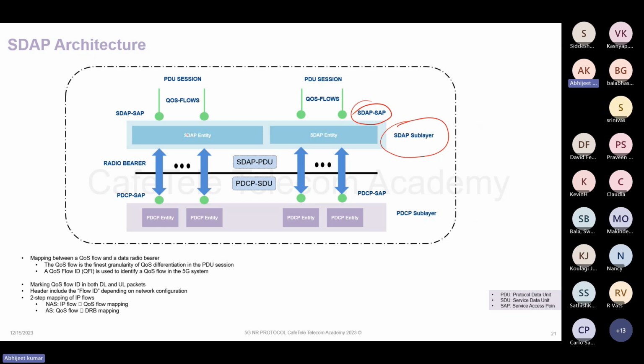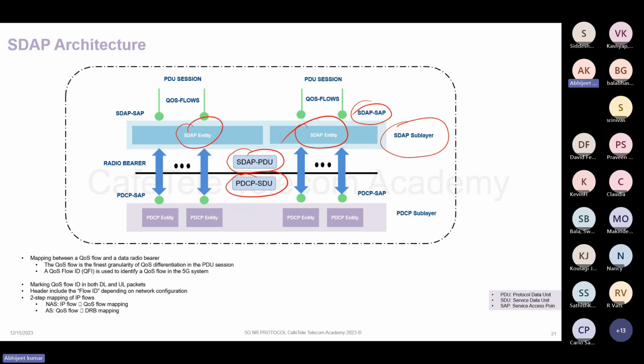Now it comes to the SDAP entity. This SDAP entity basically performs the SDAP function, so that the QoS flow to data radio bearer mapping and the marking of the QoS flow ID can happen. So this SDAP entity is kind of a support. Now, we have here the SDAP PDU and the PDCP SDU.